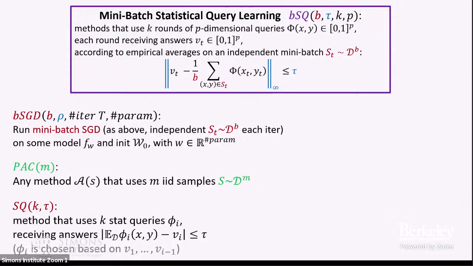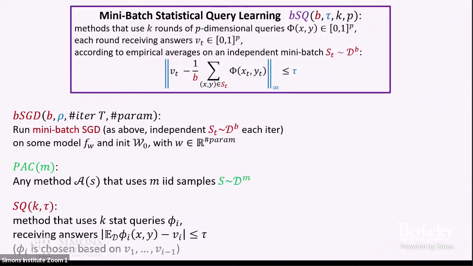It asks statistical queries, but each statistical query is answered based on an empirical average of B examples from the population, again with some tolerance or precision tau. I prefer thinking about it in terms of numerical precision tau. An important point here is that we're going to ask these queries in rounds. We get to ask P scalar queries, or a P-dimensional vector query, each time.